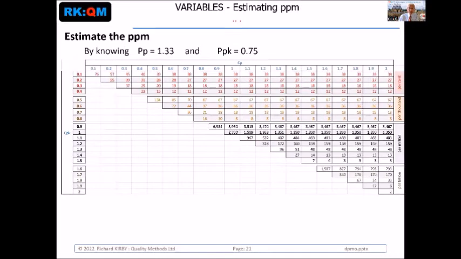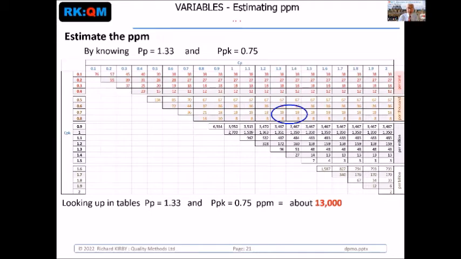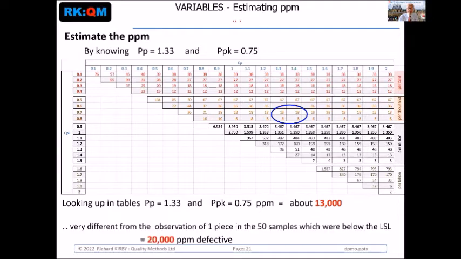Here's a table which can give us the estimated result. We can see that Pp and Ppk can lead us to a predicted value, here about 13,000. Again, very different from the observed result of 20,000.